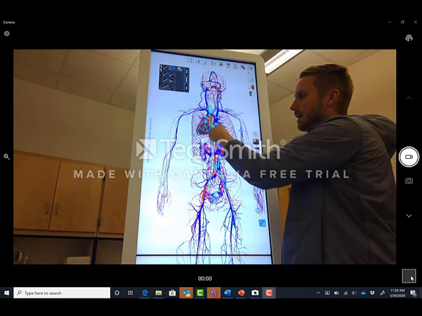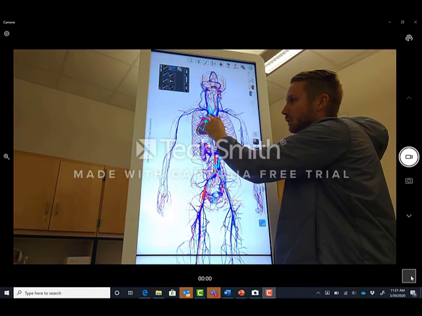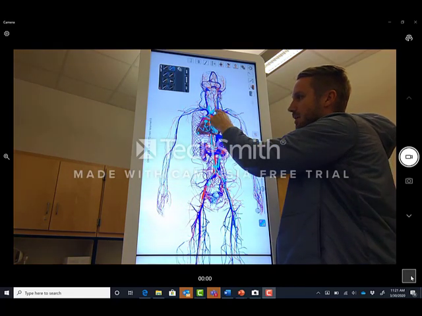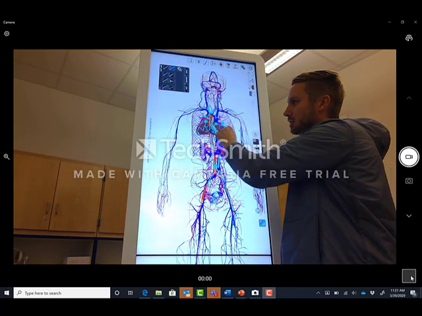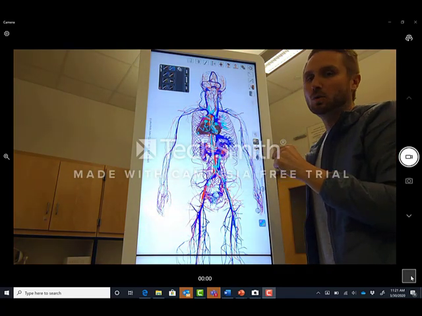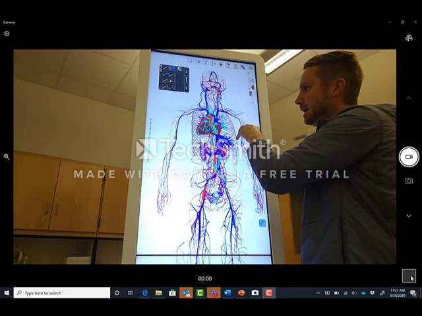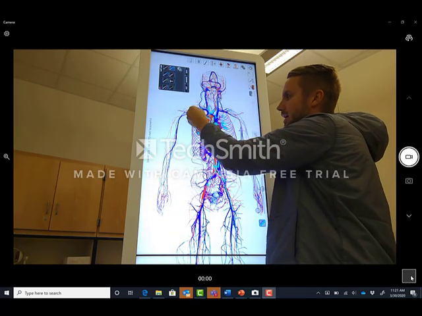So the right ventricle is going to move blood through the pulmonary semilunar valve, which you'll see on the dissection, up off the top of the heart through the pulmonary arteries. It's going to go to the lungs again right here, and the lungs are going to reoxygenate the blood with alveoli.